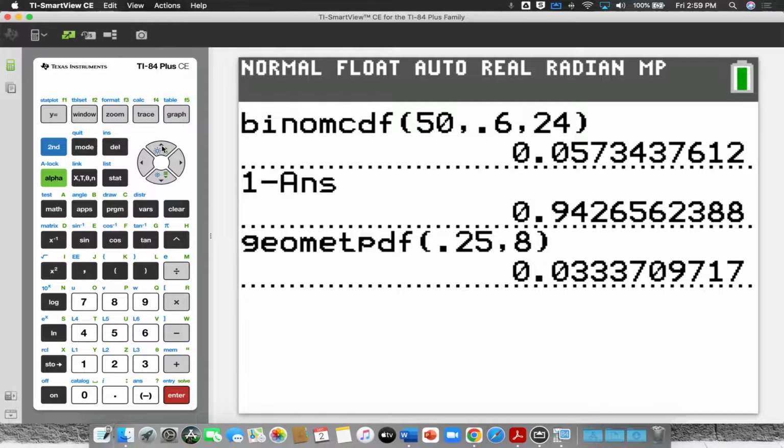So for expected value for geometric, it's 1 divided by p. So 1 divided by 1/4, or 0.25, is 4. So I would expect the highest chances would be that on the 4th ticket he'd finally win.